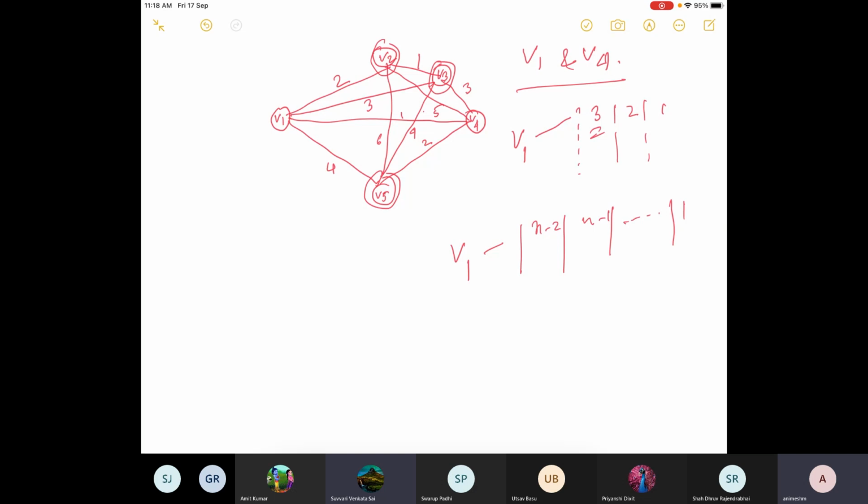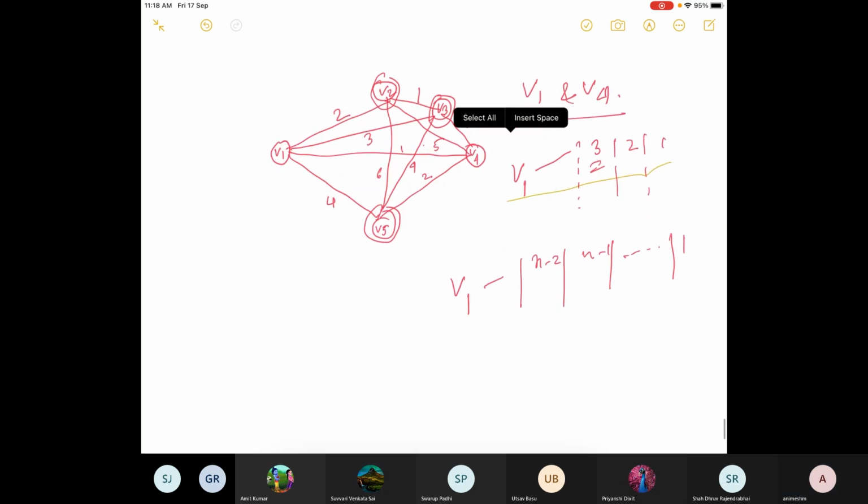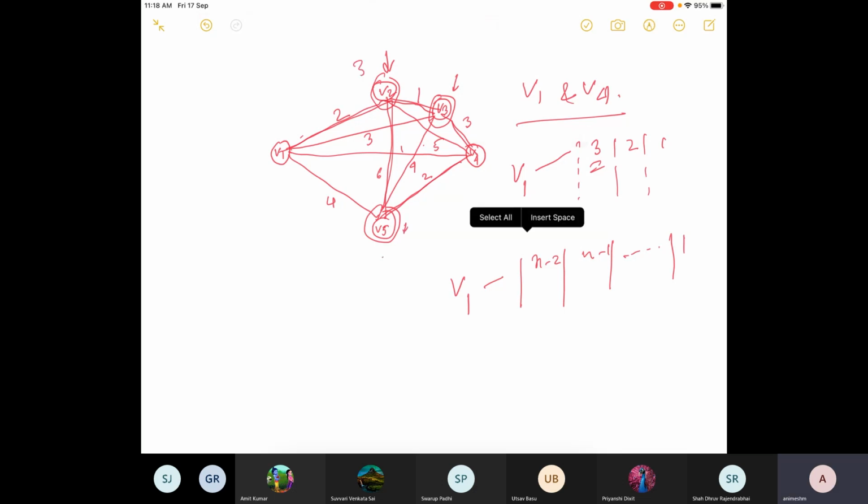Now say you have chosen the second vertex, fixed it to V2. Then you can go V1, V2, V3, V4, or V1, V2, V5, V4. So at the second step, there are 2 choices. In the first step, there were 3 choices, V2, V3, V5.